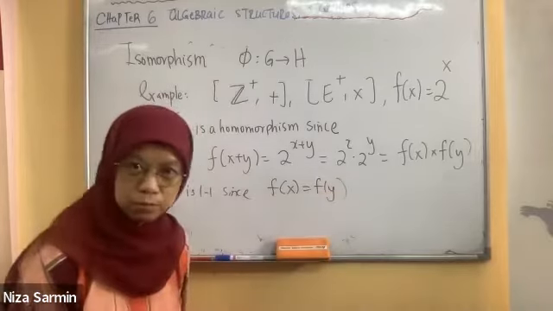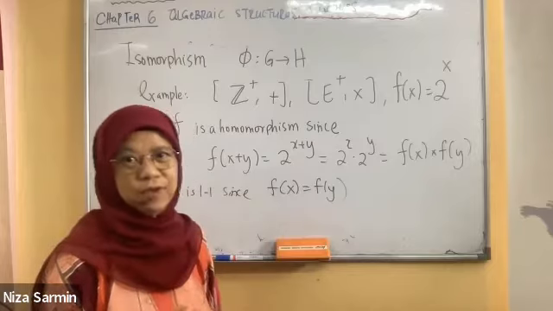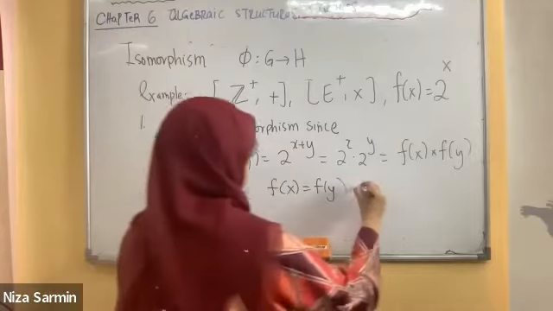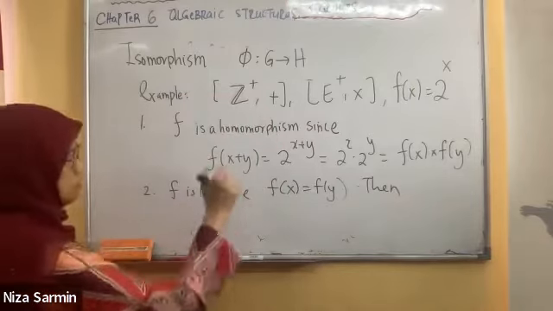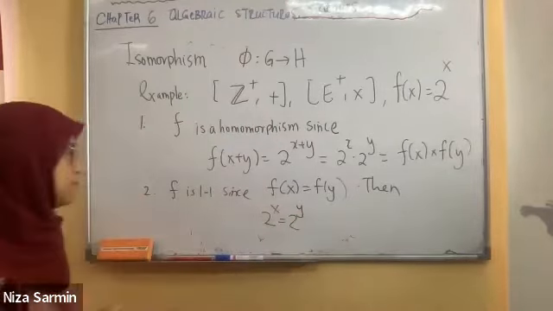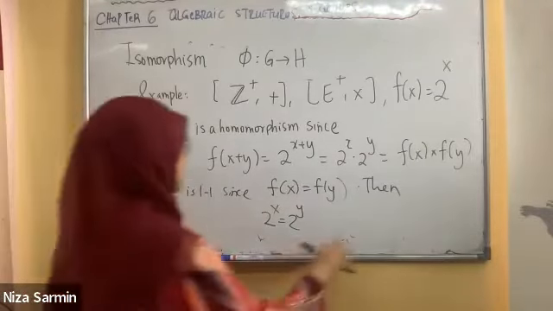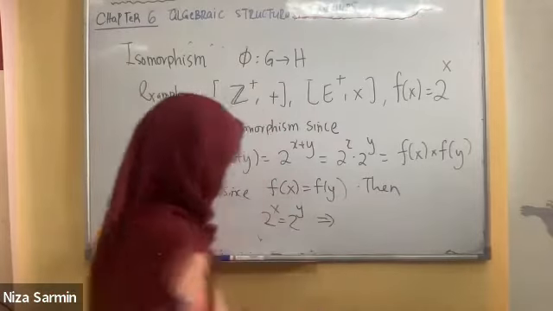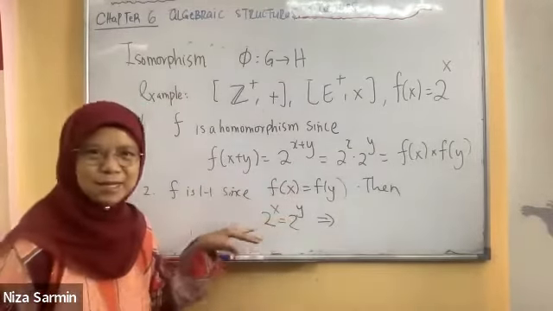This is what you assume. So you have to know the definition of 1-to-1. Let fx is fy. Then use the formula. 2 to the x is 2 to the y. This implies, okay, how do you show x equal y from here?